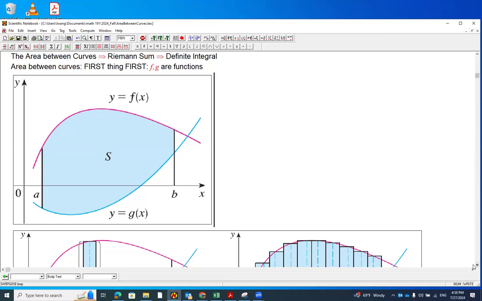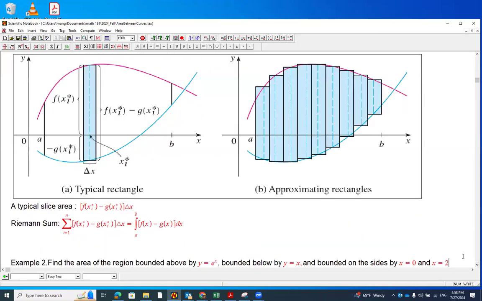So we're going to construct a Riemann sum and these typical slices. What is the height of this typical slice? The height of this typical slice is f of xi star subtracting g of xi star. So we imagine, after partition, we have all these slices from A to B, and that's the typical slice.